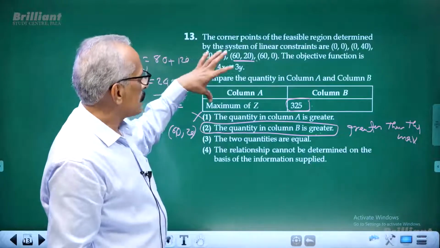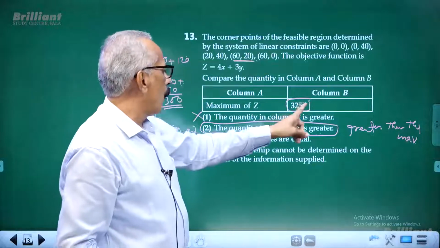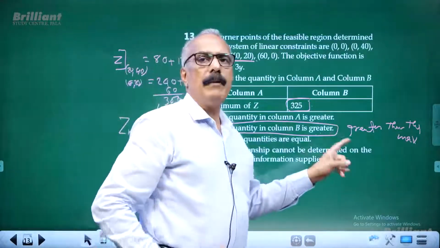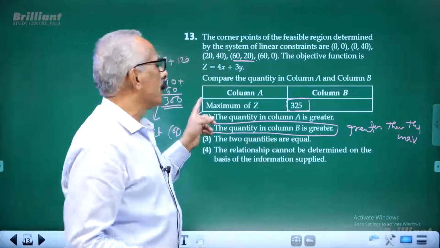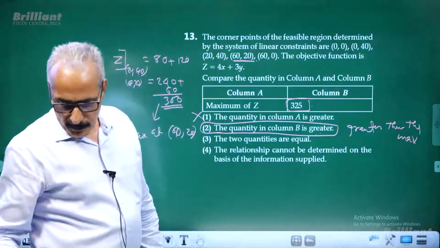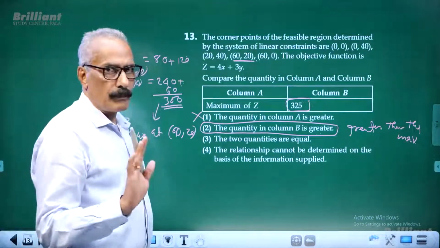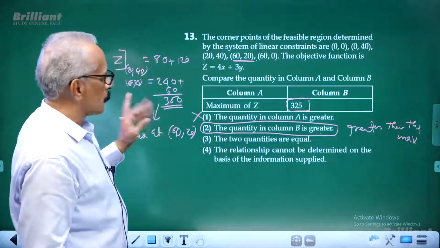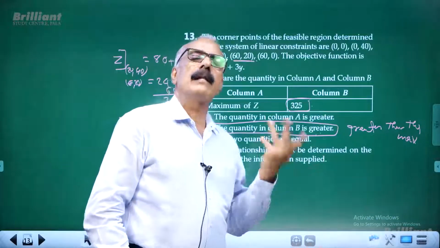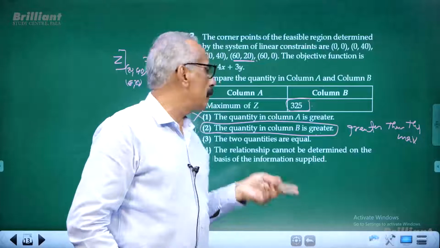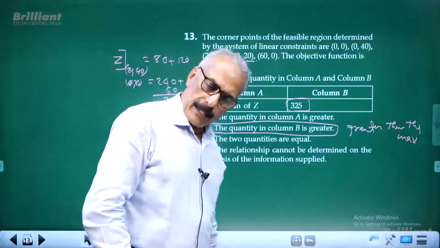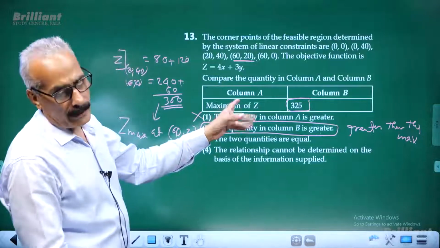Column A, maximum of Z is smaller than B, or the quantity in column B is greater than the quantity in column A. So, 2 is your answer. 13th one, 2 is your answer. Got the point? Maximum value of Z is 300. Therefore, the number written in column B is bigger than 300. It is bigger than the maximum of this. That's why the quantity in column B is greater than the expression in column A.